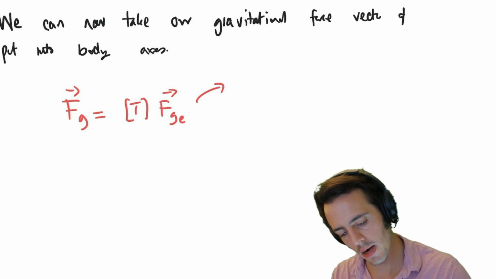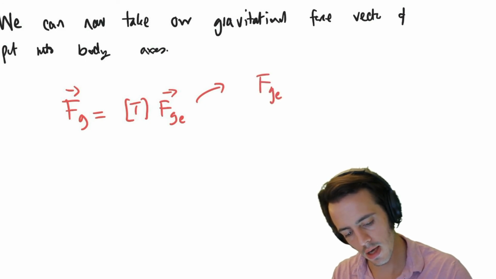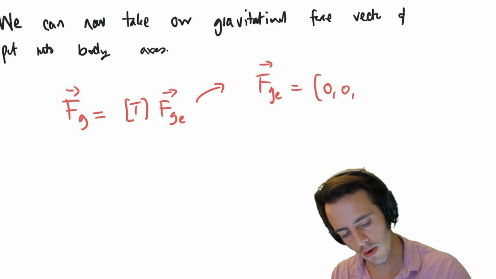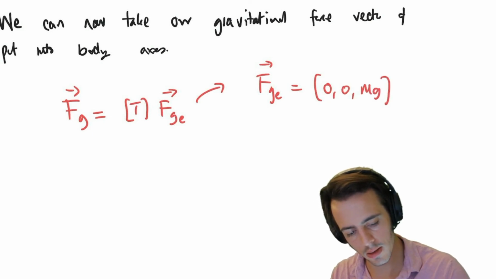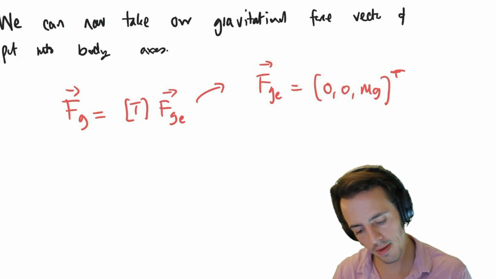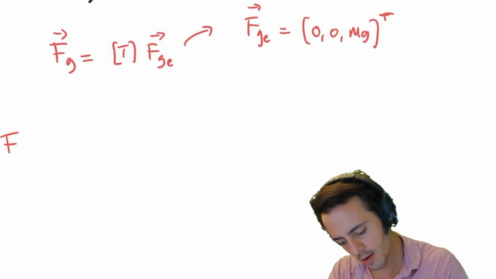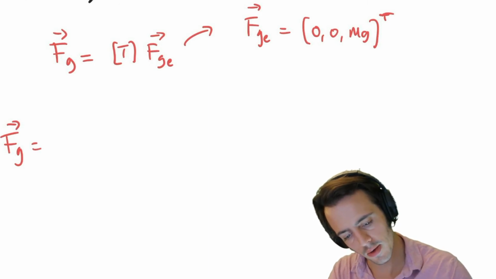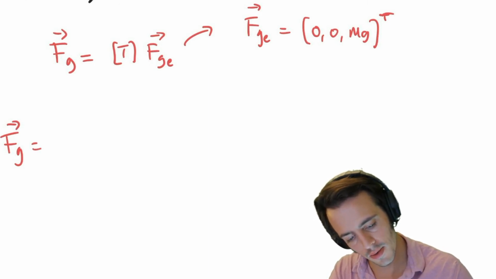And remember that our F G in Earth axes was equal to 0, 0, mg. Okay, so let's do that multiplication. And again, I'm just going to copy this in because it's easier to do.